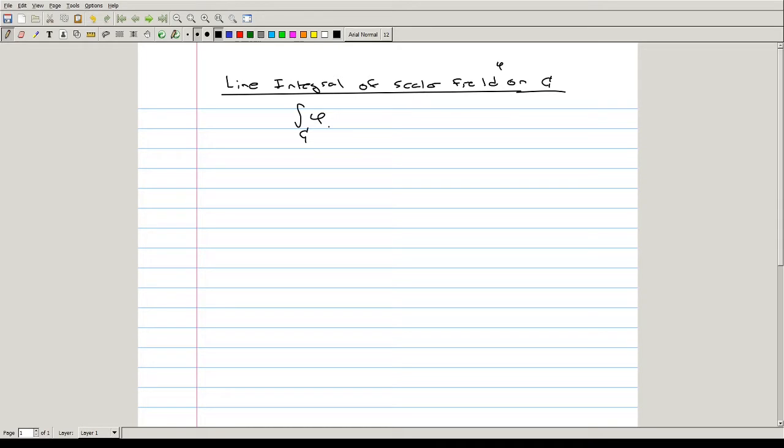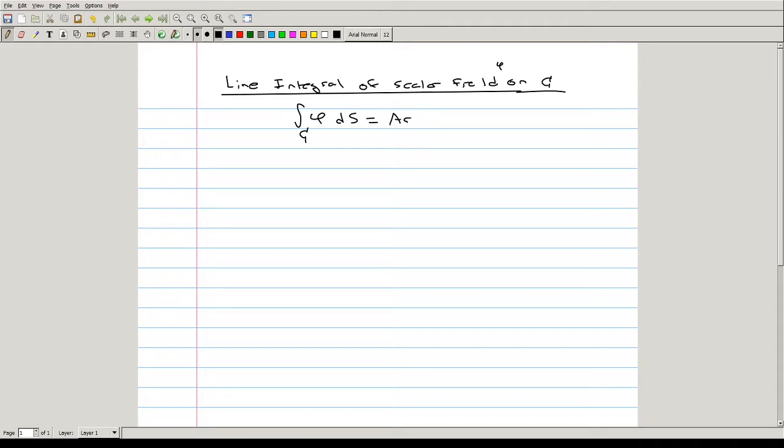So we'll write this down. The line integral of a scalar field we've suitably defined as, the notation for this is just the integral over C of the function phi with respect to arc length.